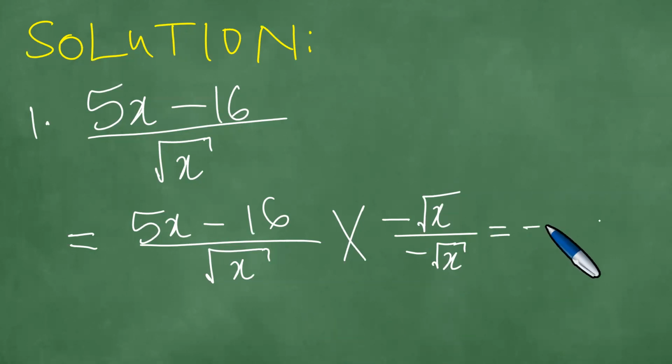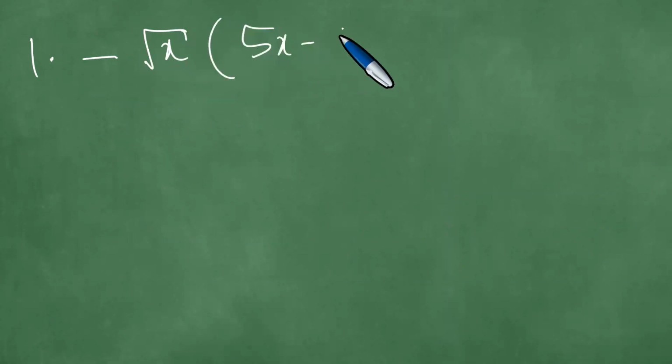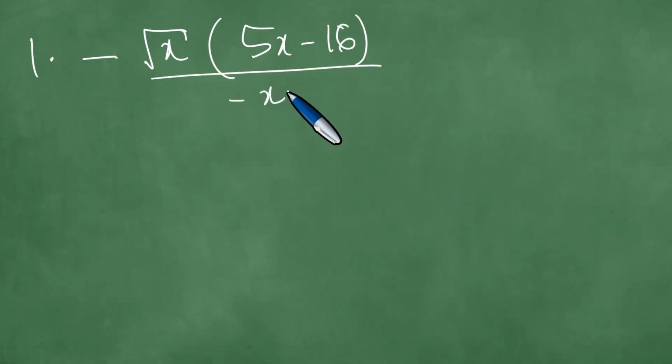So now in the denominator, you get the square root of x by minus the square root of x, which gives you minus x. And in the numerator, you have what? You can write minus the square root of x into 5x minus 16, divided by minus x.